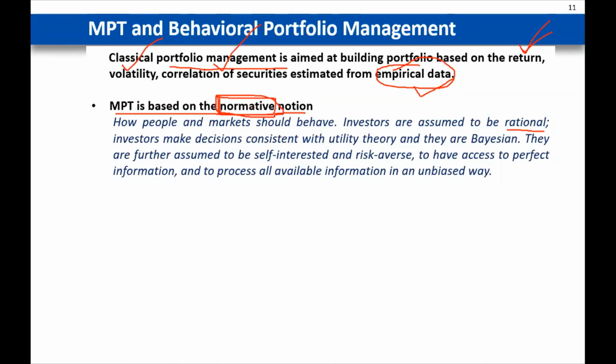The purpose of this notion is that they consider how people and the market should behave, and that people actually behave in that way. How people should behave, and people actually behave in that way. That is the normative assumption.